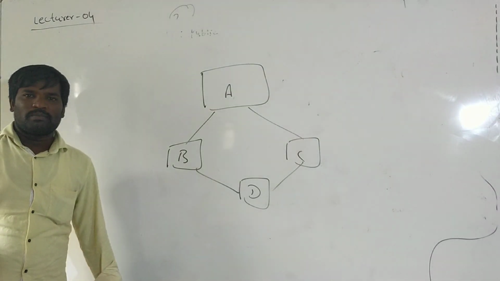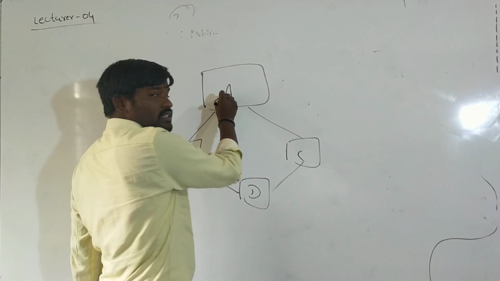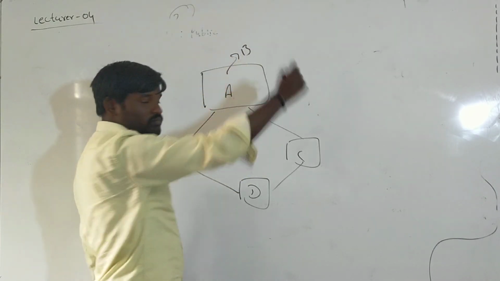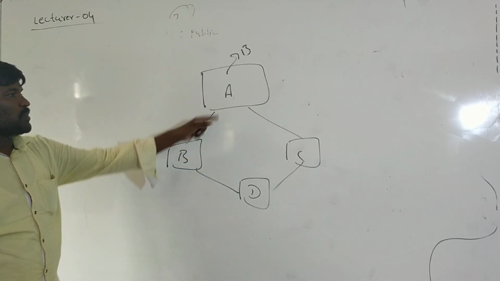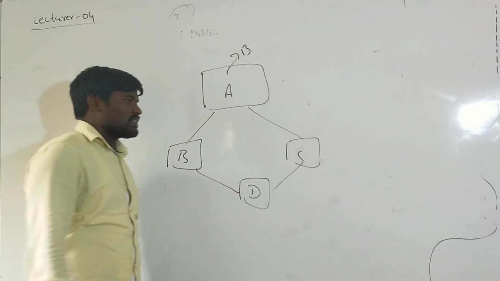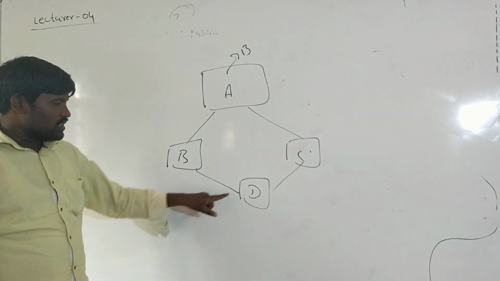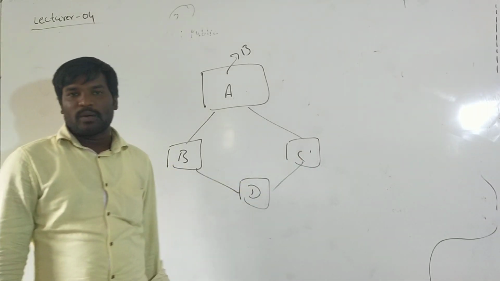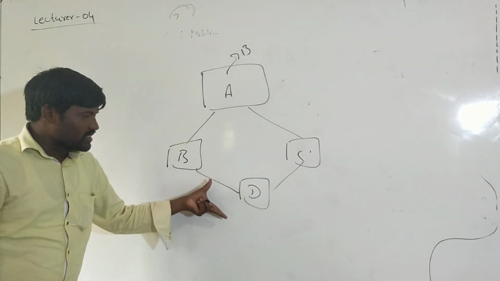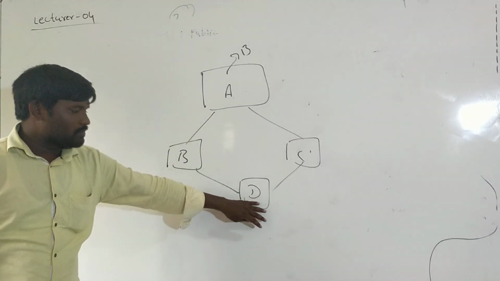Virtual base class means, see here A is the base class, purely the base class. B can access the properties of A and C can also access the properties of A. D can access the properties of B and D can access the properties of C. So in this diagram, how many times are A's properties present in D?